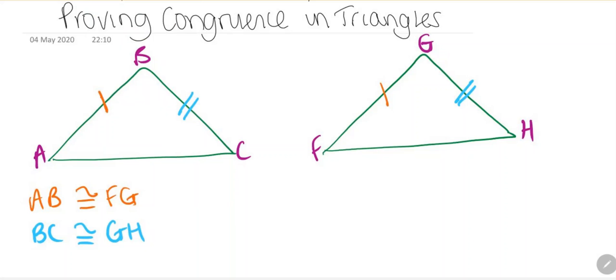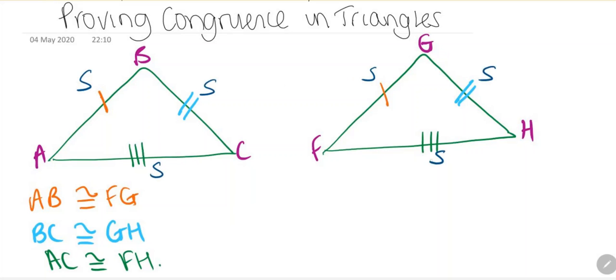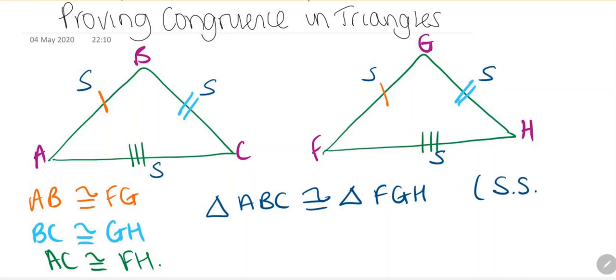And I also said that AC was congruent to FH. I have side and side and side which are equal. So I can say that triangle ABC is congruent to triangle FGH, and the reason is side, side, side are congruent.